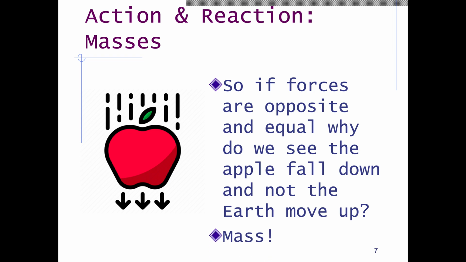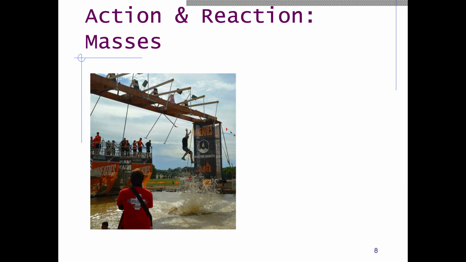If we compare an apple and the earth, there's a huge difference in the amount of mass. There's a substantial amount more mass to the earth than there is to just that apple. So that much force is going to have a greater effect on the apple than the earth.